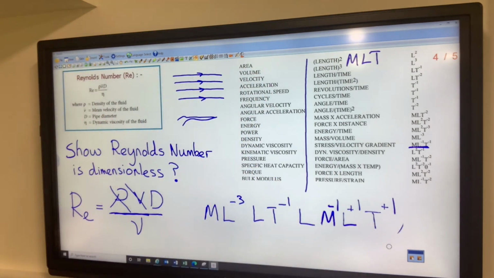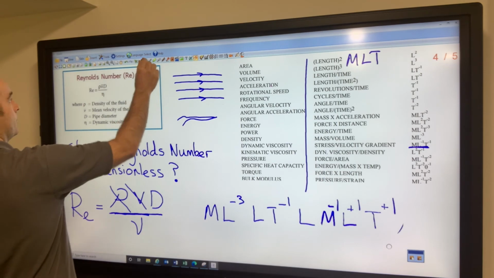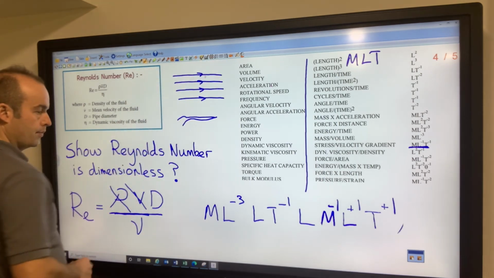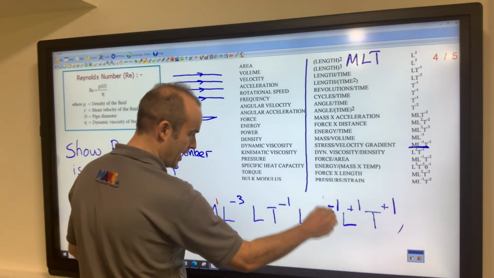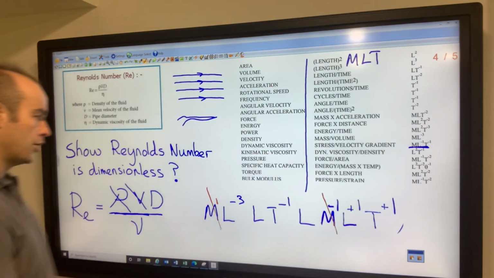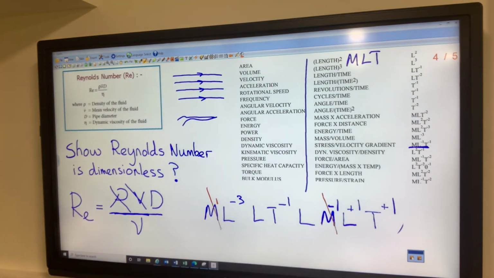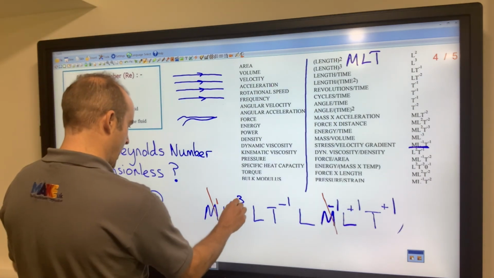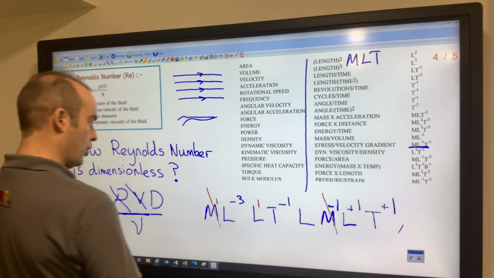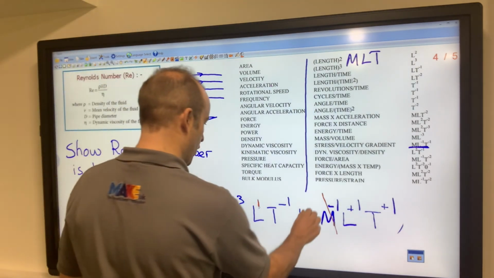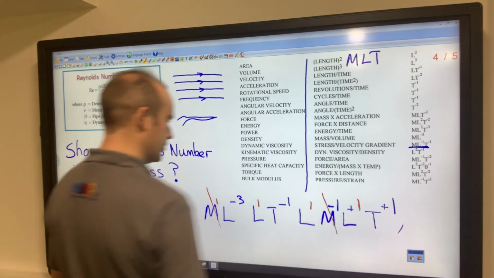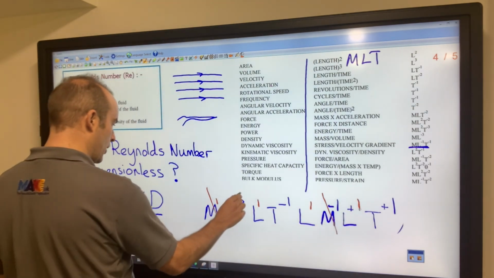Okay, now look at indices. So there, we've got an M, there's a 1 there really, and M to the minus 1, so they cancel out. So the M's have gone. Let's do L's. So here I've got L to the minus 3 and L1, that's now L to the minus 2. But I've got an L1 here and an L1 here, so minus 2 and 2, so all those L's have cancelled out.